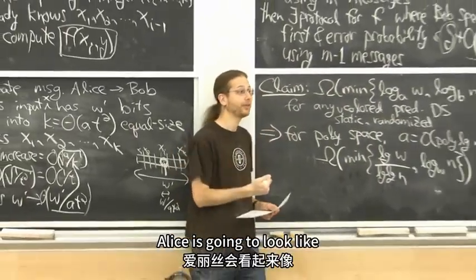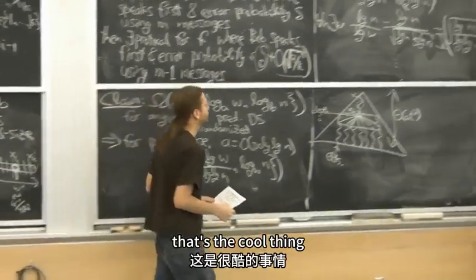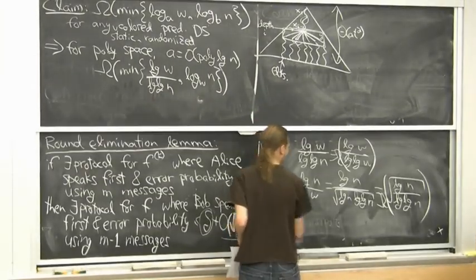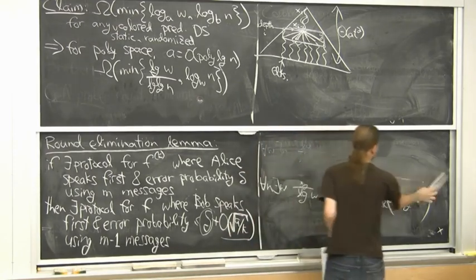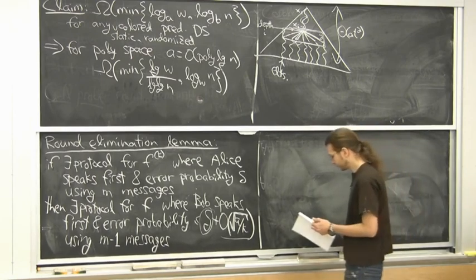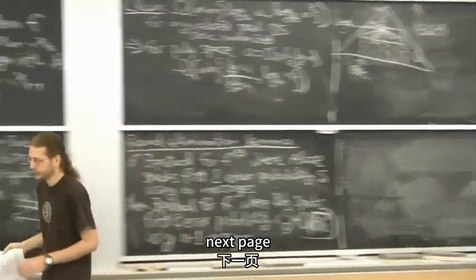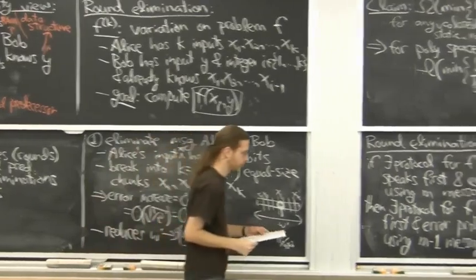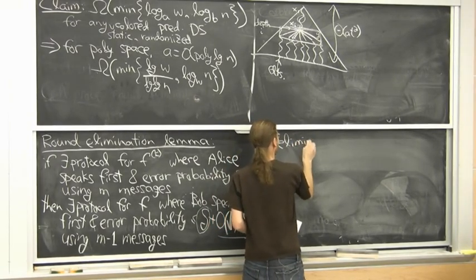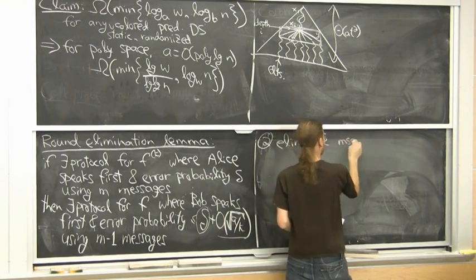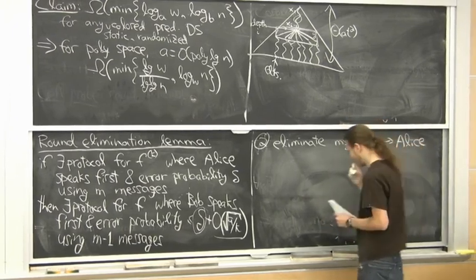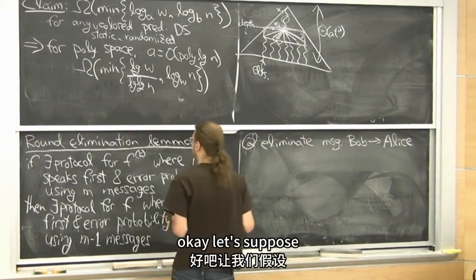Eliminating a message from Bob to Alice is going to look like fusion trees. That's the cool thing. So let's do that. Okay.